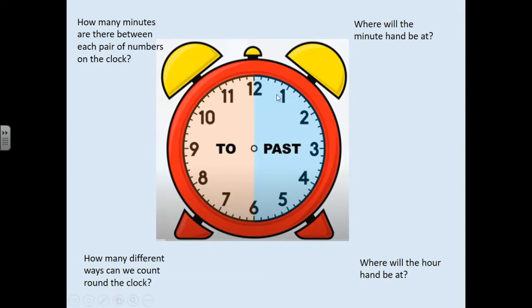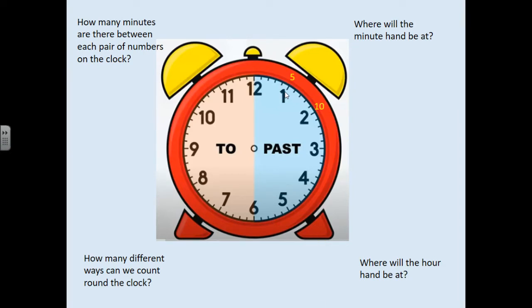For example, when the minute hand goes on 1, it's counted 5 minutes. I can count these little ones by saying 1, 2, 3, 4, 5, but it will take a long time if I were to go around the clock. If we count in 5s, it doesn't take that long. So if the minute hand's on 1, that's 5 minutes.